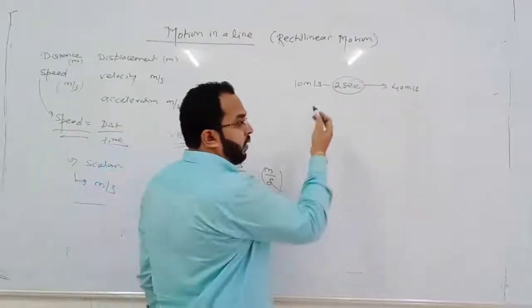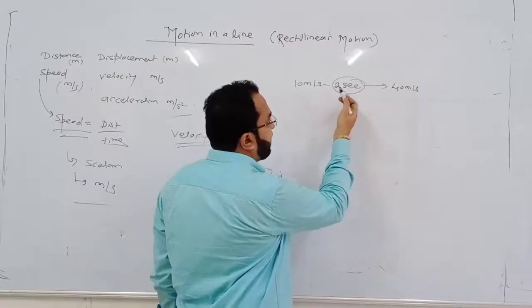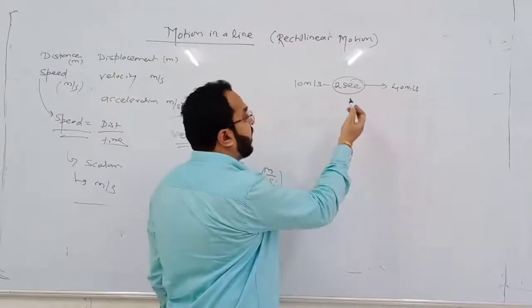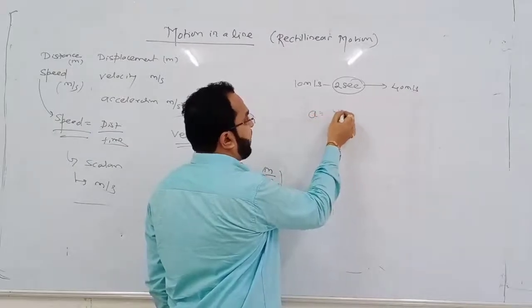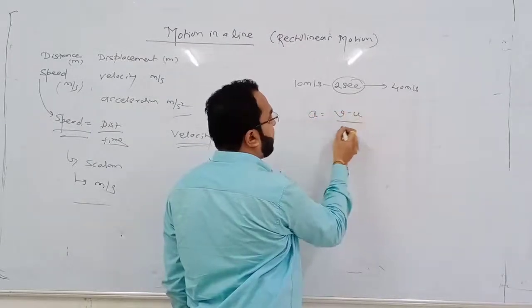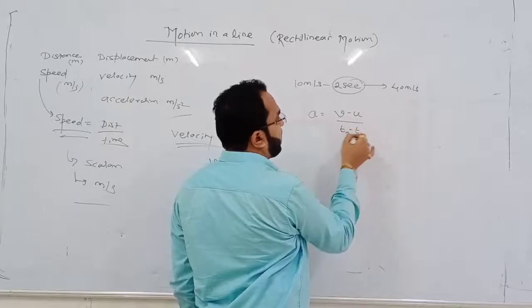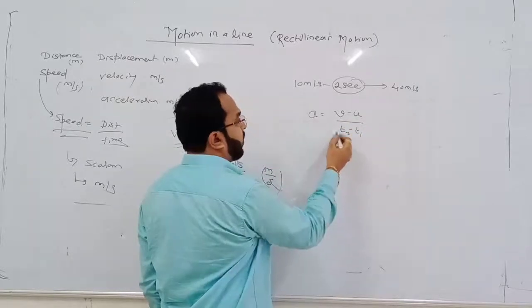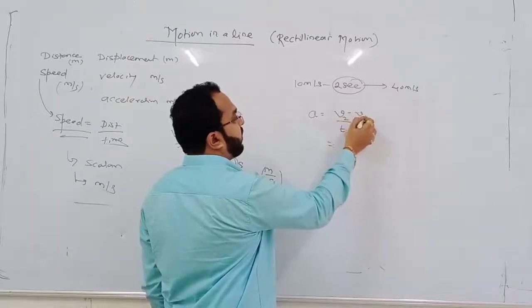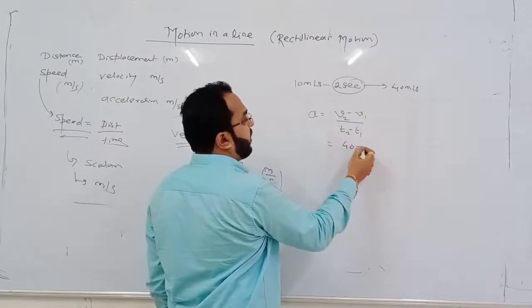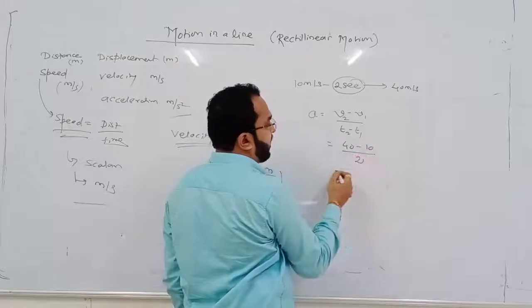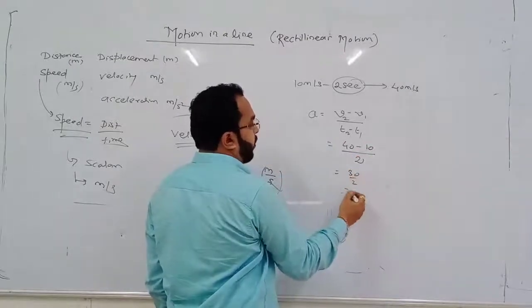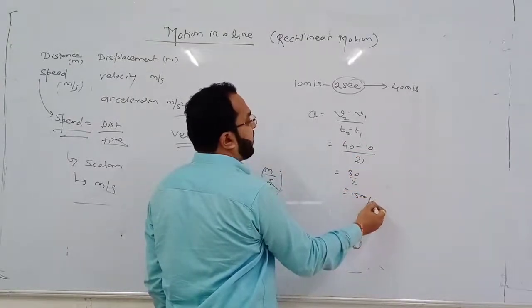Now, when velocity changes from 10 meter per second to 40 meter per second in 2 seconds, then what is the acceleration? It is final velocity minus initial velocity upon time, that is t2 minus t1, or v2 minus v1. What is v2? 40, minus what is v1? 10, in how many seconds? 2 seconds. 30 upon 2, 15 meter per second square.